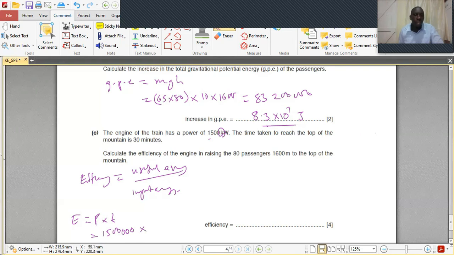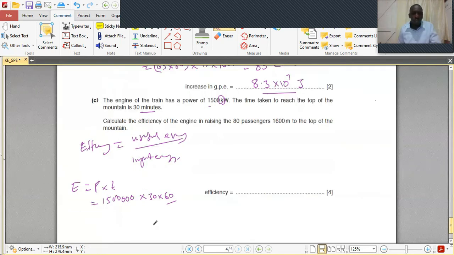So that is 30 times 60, because we have to convert the minutes into seconds. So that will give me 2.7 times 10 power 9 joules.